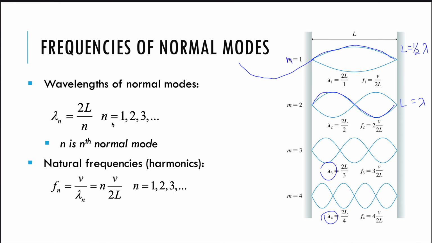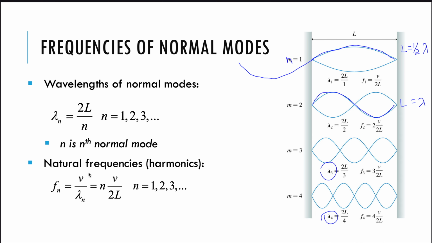Now what we're usually more interested in, instead of the wavelength, is the frequency. Frequency is speed divided by wavelength, so just take the speed and divide it by this expression. These frequencies that we get for each normal mode of vibration are called the natural frequencies. They're also called harmonics. You may have heard about this if you've played any kind of instrument.